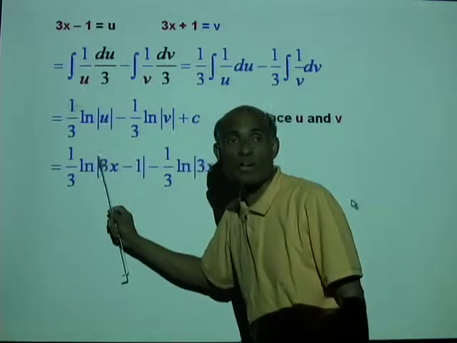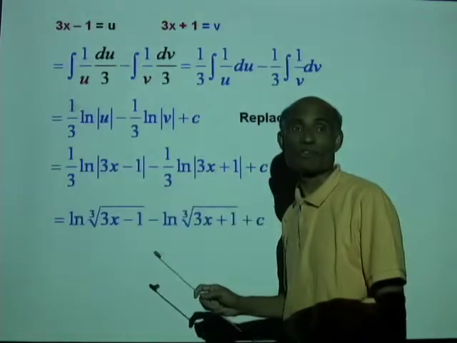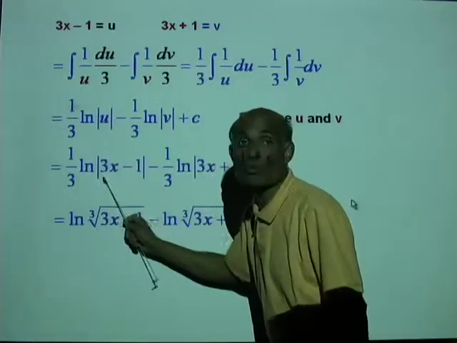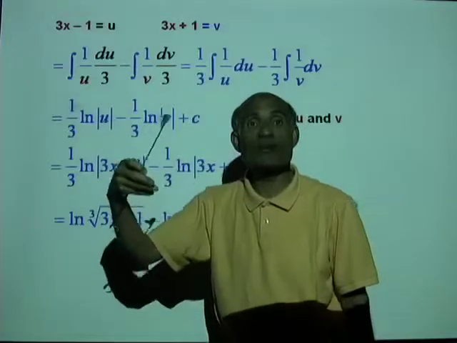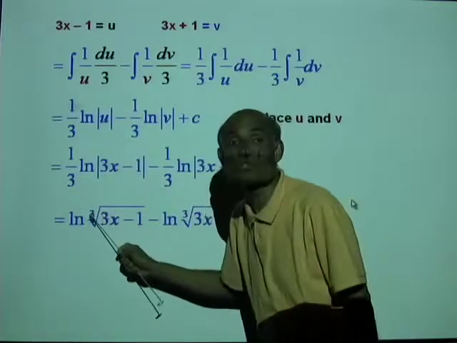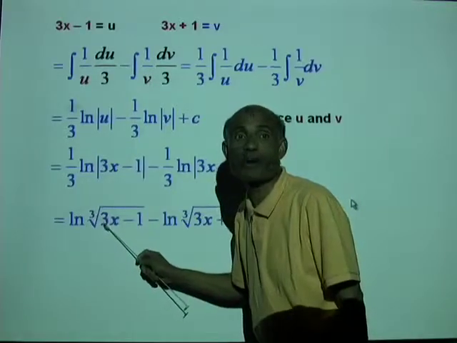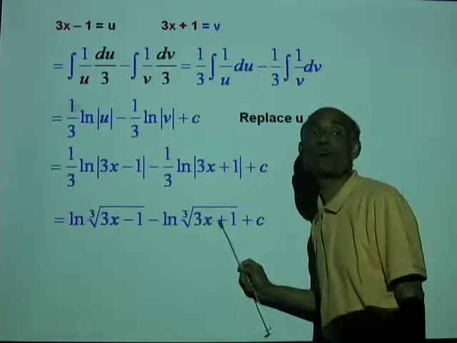This 1/3 is actually the power of this 3x minus 1. So that will be ln 3x minus 1 raised to the power of 1/3. Remember, a quantity raised to the power of 1/3 is cube root. So we can write this as ln cube root of 3x minus 1 minus ln cube root of 3x plus 1.